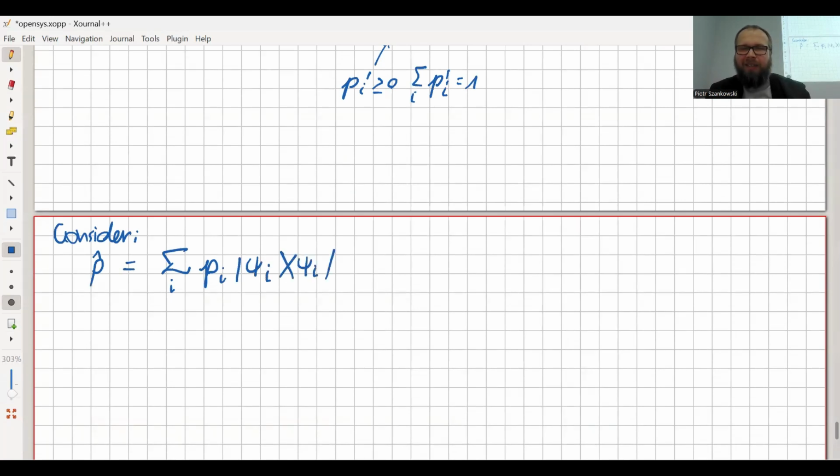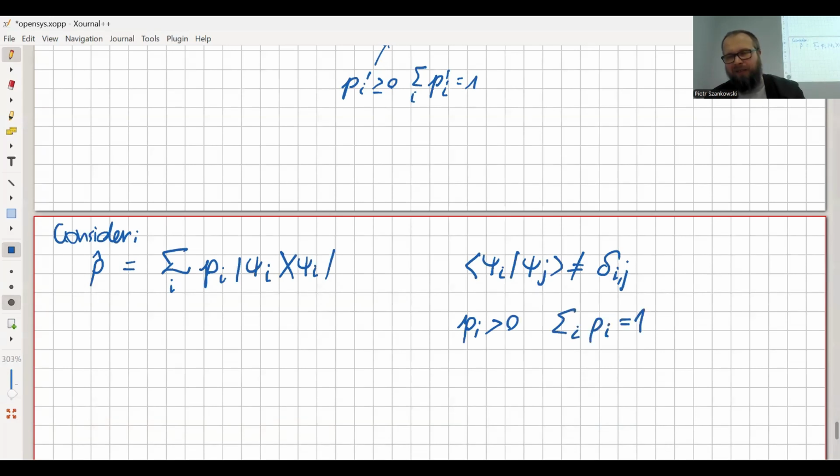And we have some psi's, and let's assume those psi's, psi i, psi j, are not orthogonal, okay? Which is allowable. Again, those cats are arbitrary, they can be whatever, as long as p i are non-negative and they sum up to identity, everything is fine.